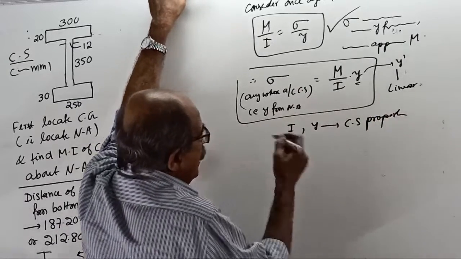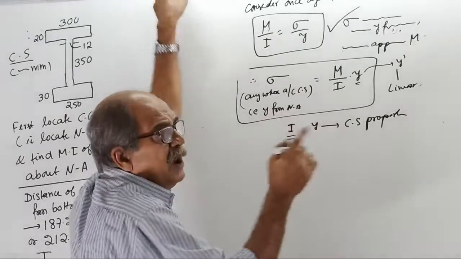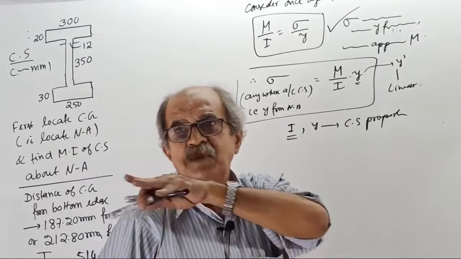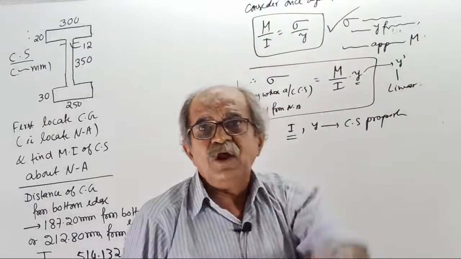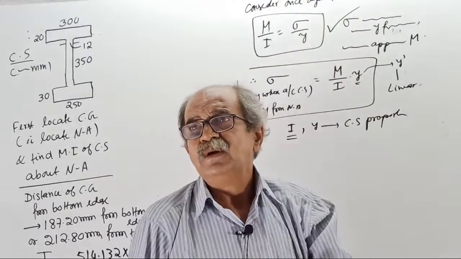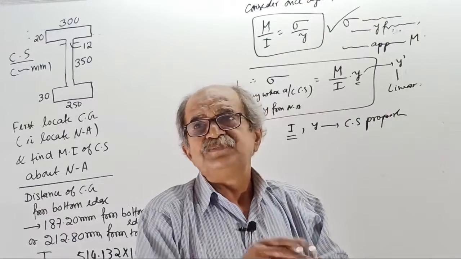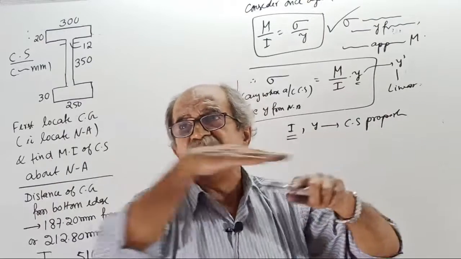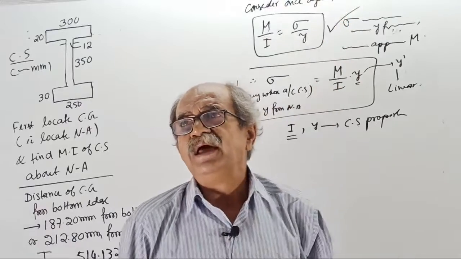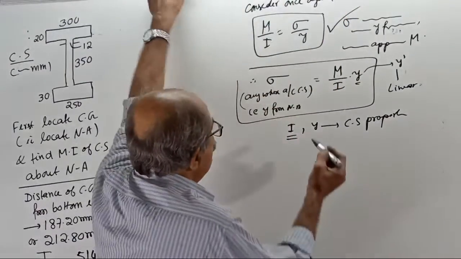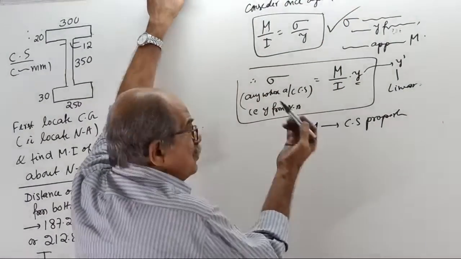Okay. Therefore, I is the moment of inertia of the cross-section about the neutral axis. Y is the distance across the depth of the beam, or distance from the neutral axis for the cross-section to that level or fiber where bending stress is required. Now, two are there, no problem.